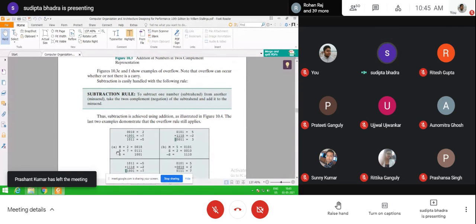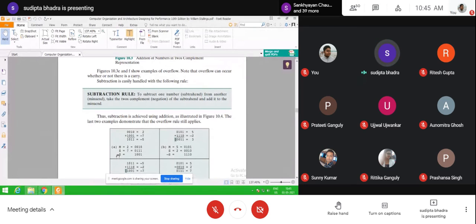First we have to take the 2's complement of 7. The 2's complement of a number gives you the negated number, so here the 2's complement of 7 gives you minus 7. So you sum up 2 and minus 7, which gives you minus 5.